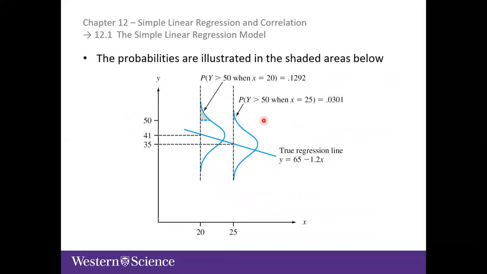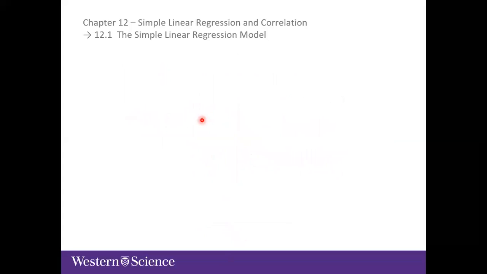When x is equal to 20, there's more chance that y takes the larger value. When x becomes smaller, because of the negative relation, this probability distribution is shifted down, slid down. So the chance of exceeding y equal to 50 is less than before. So that makes sense.